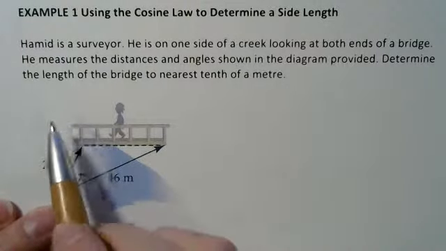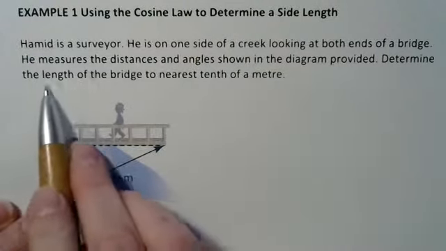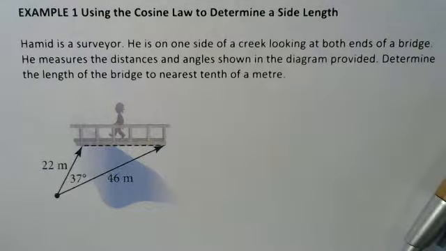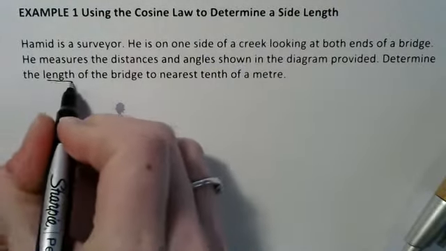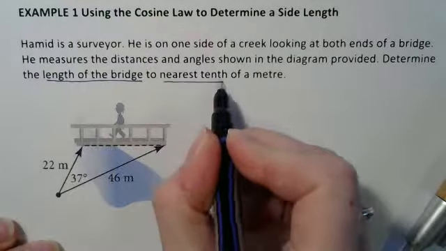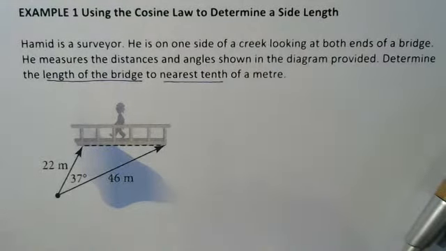Now what he wants to know is to determine the length of the bridge, to the nearest tenth of a meter. So that means we need 1 decimal place. Okay. So that's what he wants to find.